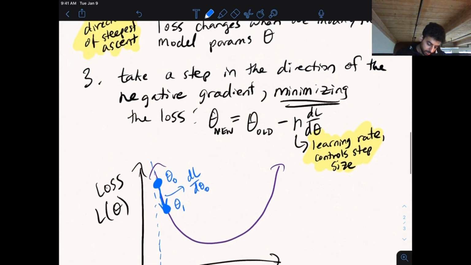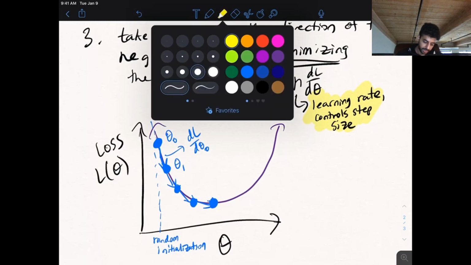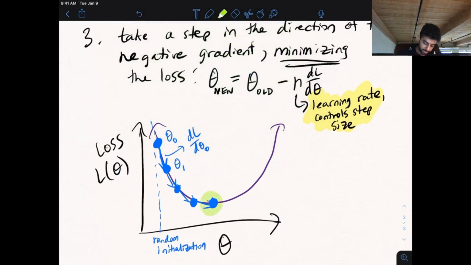Okay, so now we're going to just repeat this process. So I'm going to compute a new gradient, go over here, compute a new gradient, go over here, and eventually maybe I finally reach the bottom here, the minimum of this function, and I claim that I'm done.